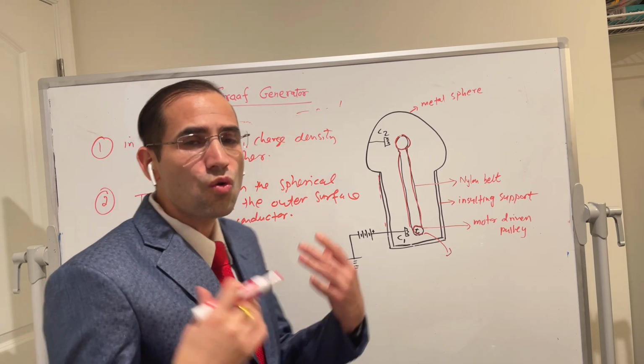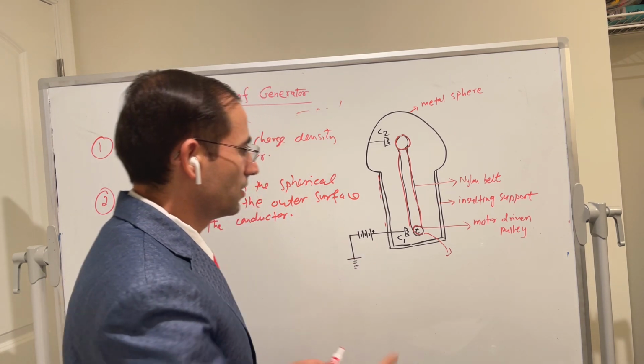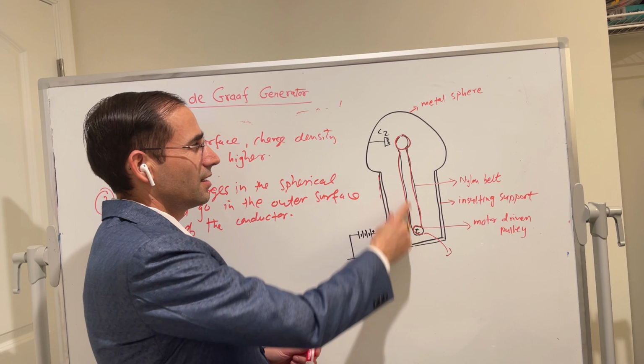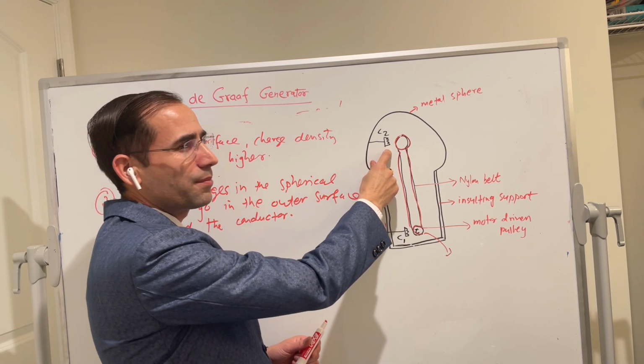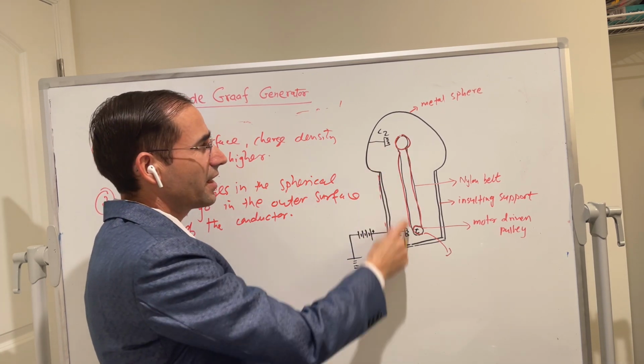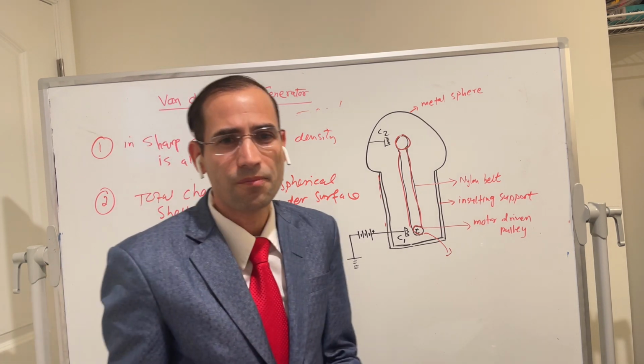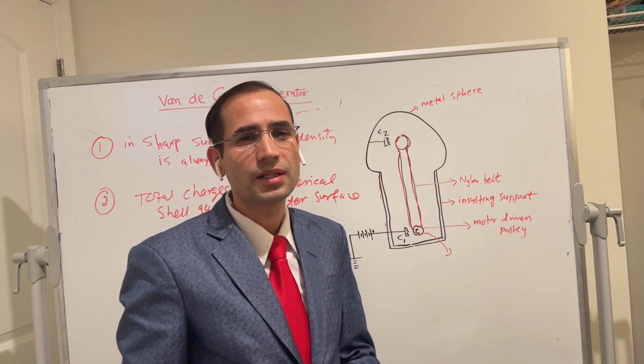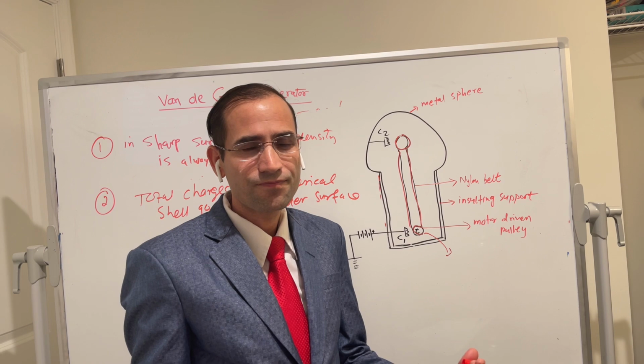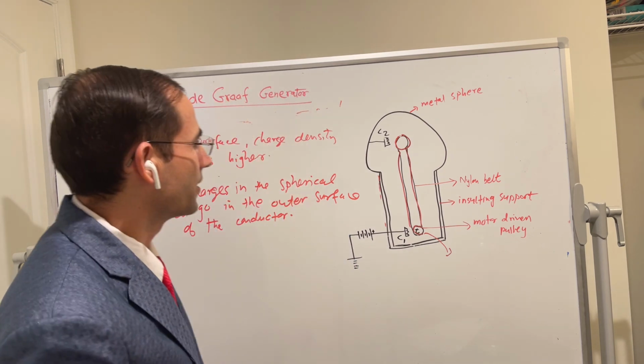And you use two combs or two brushes. The first comb we call C1, and the second comb, second brush, you can call C2. And these combs are metallic combs. You know the metal is a good conductor for electricity, right? Good electrical conductor.